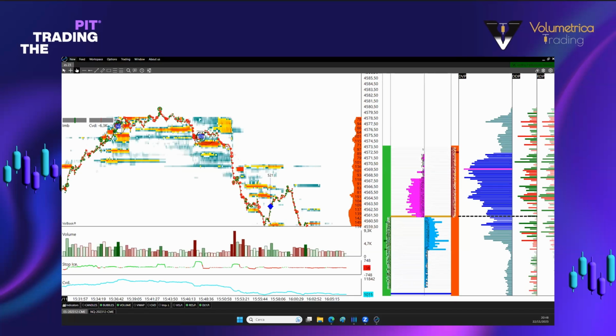But on the other side, what happens if I have an absorption which can still be considered an absorption, but doesn't meet those criteria? Of course, that won't be shown as an absorption by the indicator. We have to assess it by ourselves.